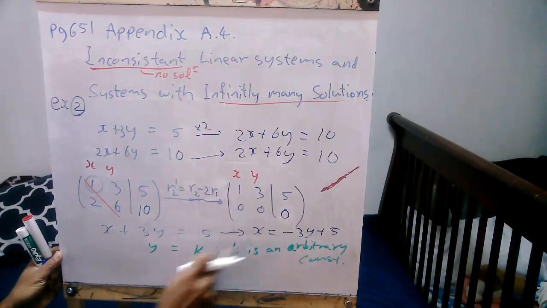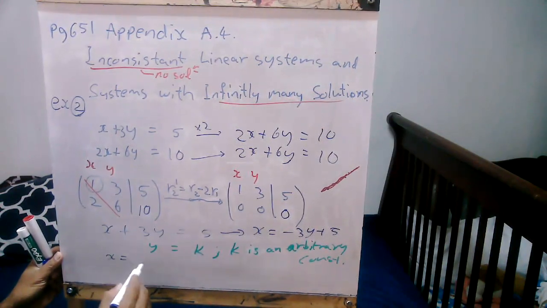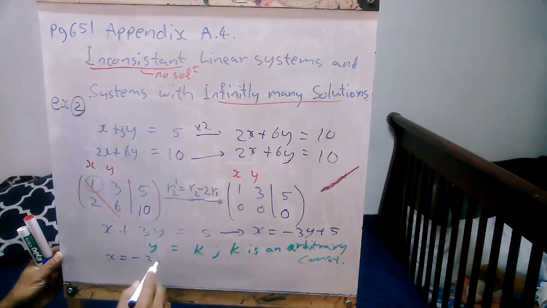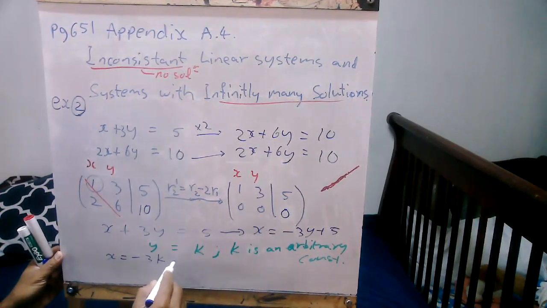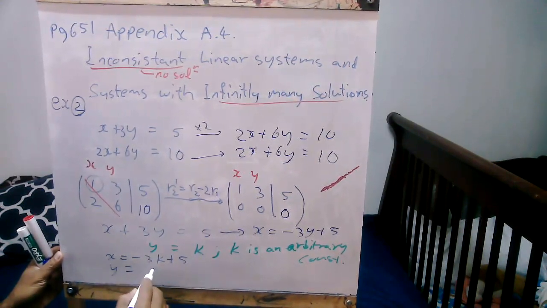Substituting this y here, we can say x equals negative 3k plus 5 and y equals k, right?